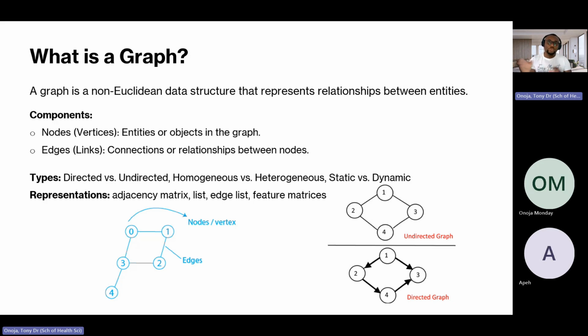From 1, you move to 2. From 2, you move to 3. We can't say whether the magnitude of the relationships is the same, but we know the hierarchy is usually 0, 1, 2, 3, or we could count in reverse, 4, 3, 2, 1, 0. So you could go either ascending or descending.